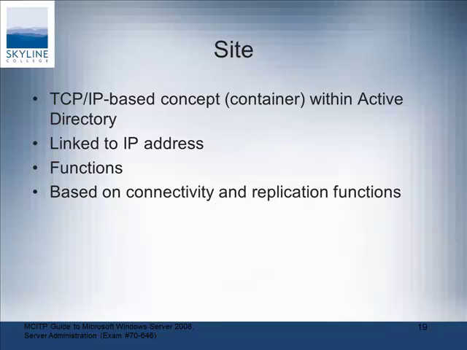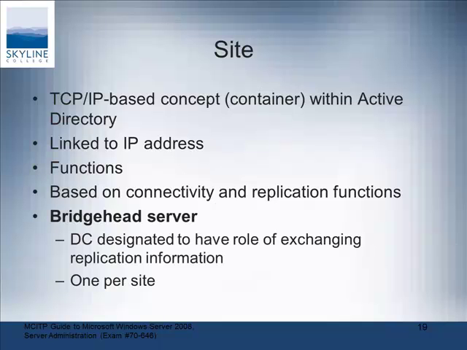And that's what we do. Those are called bridgehead servers. They communicate from site to site. So there are lots of things. A bridgehead server is designated to have the role of exchanging replication information, 1 per site, with somebody else. Inside the site, it's going to be really quick because it's on a local area network.